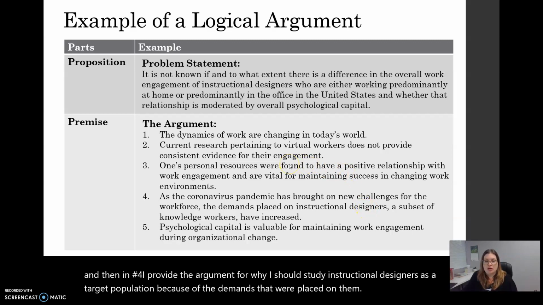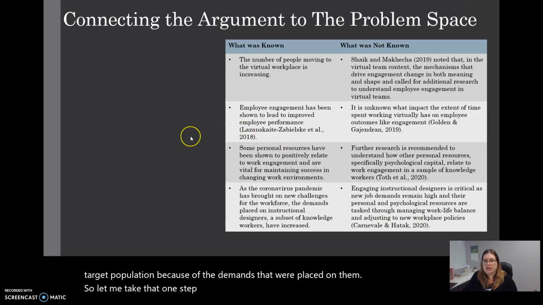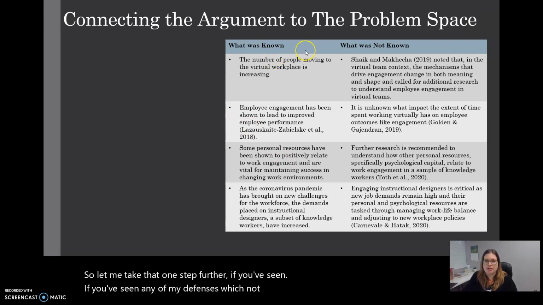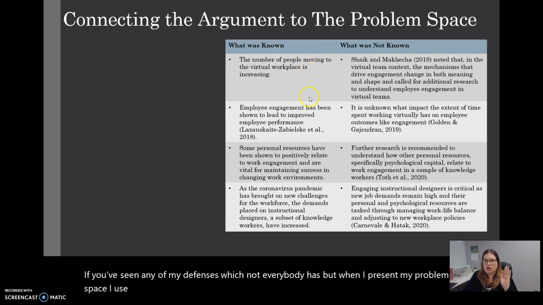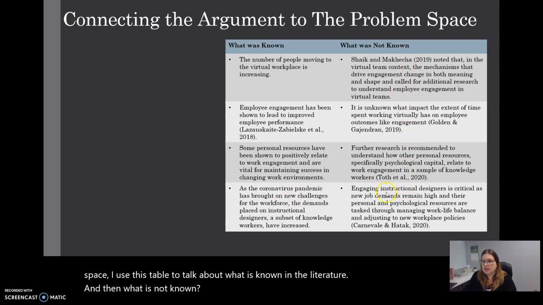Okay, so let me take that one step further. If you've seen any of my defenses, which not everybody has, when I present my problem space, I use this table to talk about what is known in the literature and then what is not known. And you'll see that I've provided citations for both sides of the argument.